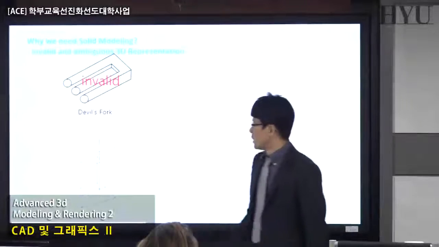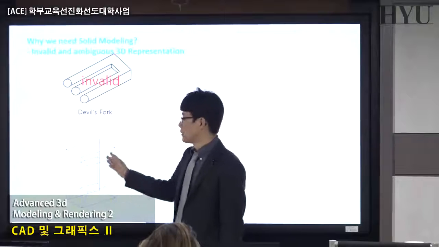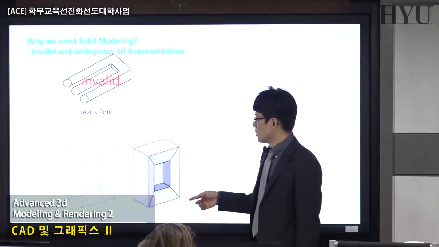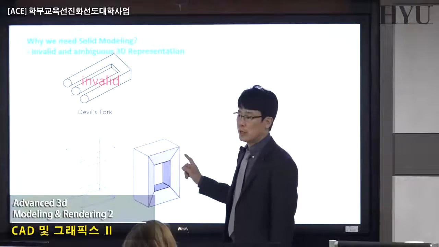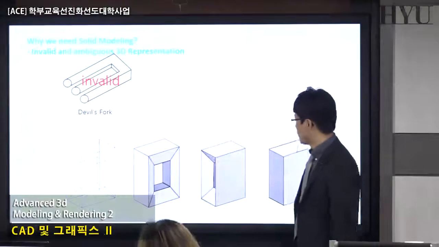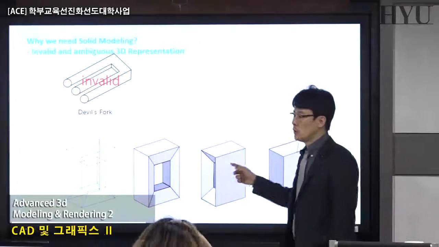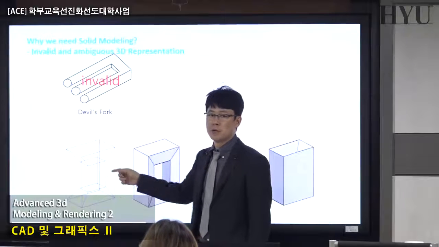But how about this? This one looks like a 3D object in wireframe view. But the problem is, you may think this is supposed to be this object in 3D, but actually, how about this one? Actually, those two things can be represented by this wireframe, totally the same.